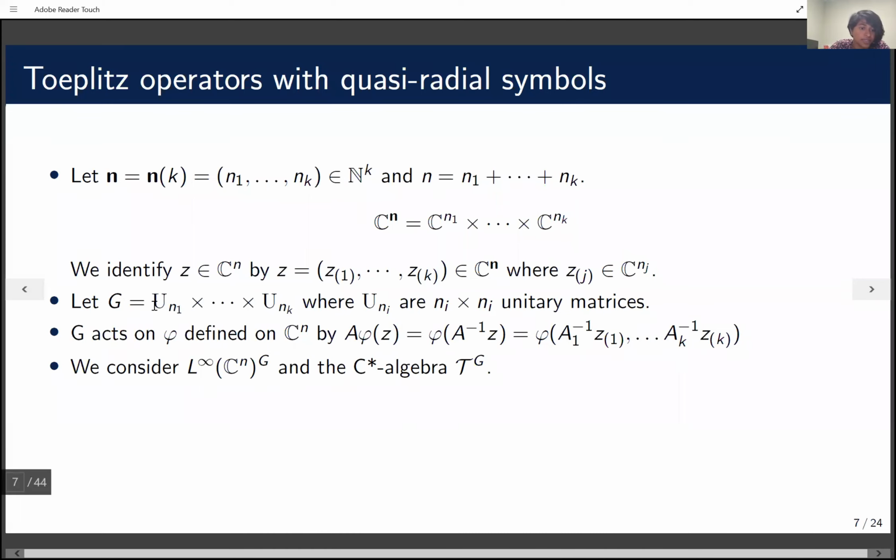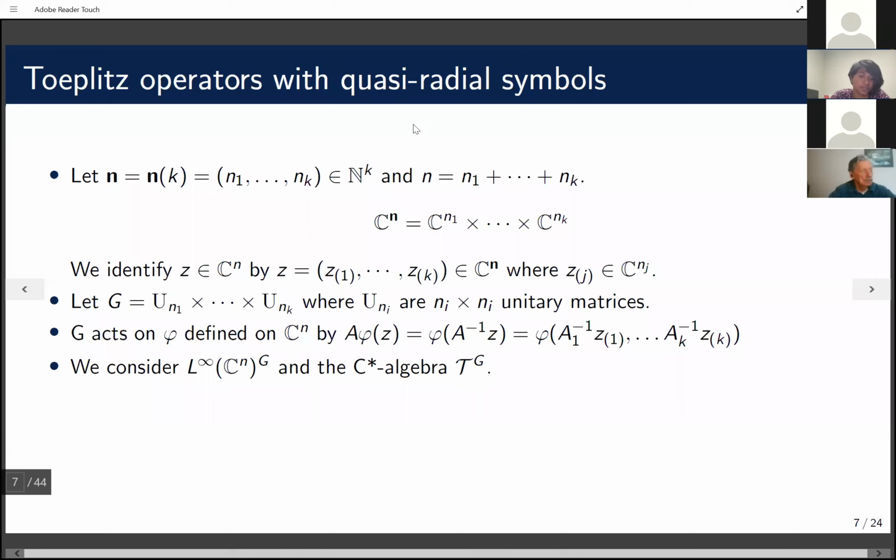So any element in here is also an element in U(n), which we can identify with these block diagonal matrices. So that's how this action works, and it's also equal to the action on the components. We call the symbols which are invariant under this group action quasi-radial symbols, and we are interested in the C-star algebra T_G corresponding to these symbols, the quasi-radial symbols.